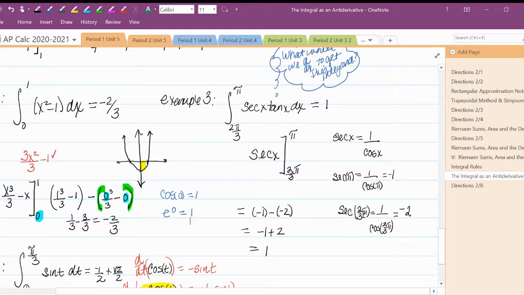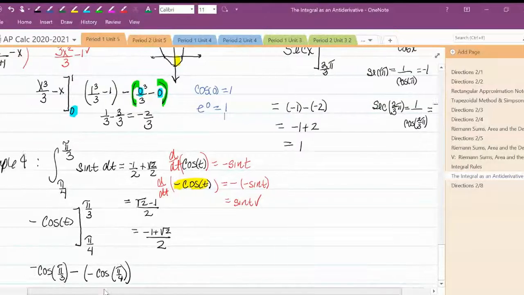The secant of 2/3 pi, 1 over the cosine of 2/3 pi. Now, 2/3 pi is in the second quadrant, so I know the cosine is negative there. My reference angle is pi over 3. I know the cosine of pi over 3 is 1/2. Then I have to take the reciprocal. That's how I get this -2. And then I have -1 minus a -2 to get +1.